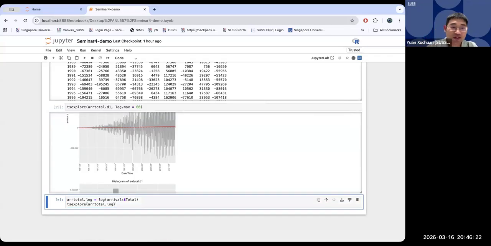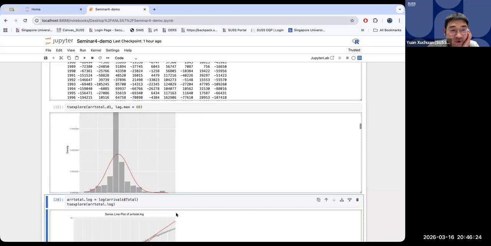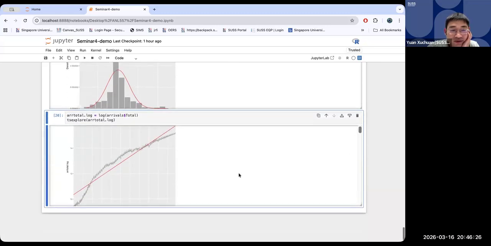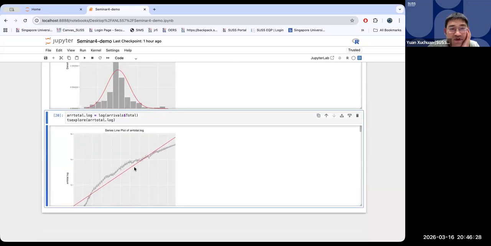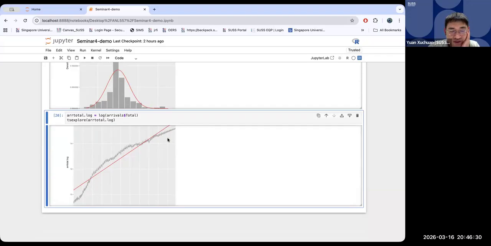Let's look at the line plot. If you look at the log transformed time series, the variability becomes, you can remove the so-called heterogeneous variance issue. But there is still a clear trend, right?